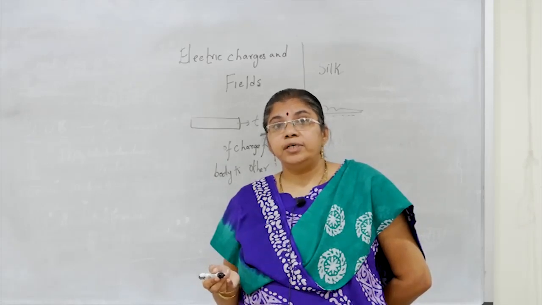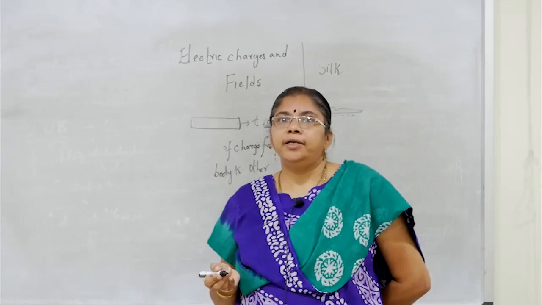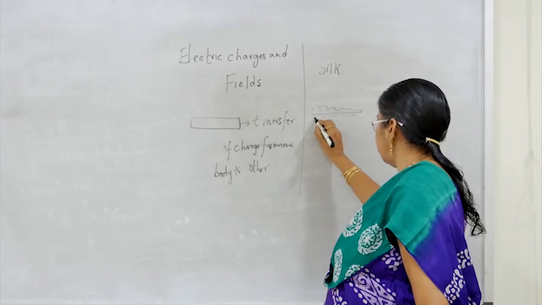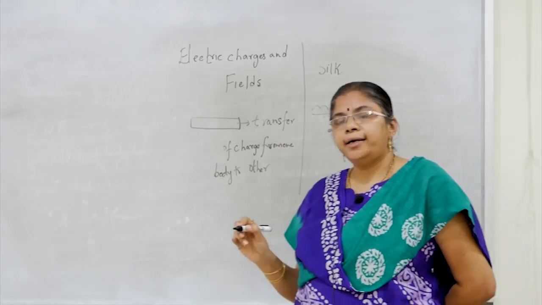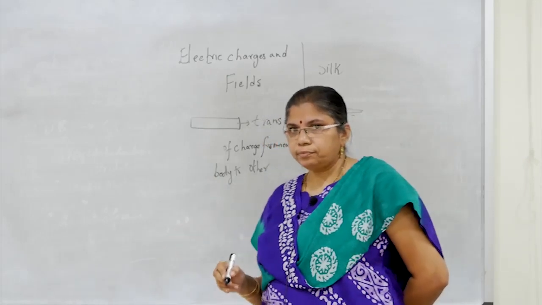Electrons get transferred, so the comb gets negatively charged, and these pieces of paper which were not attracted previously will get attracted towards the comb.